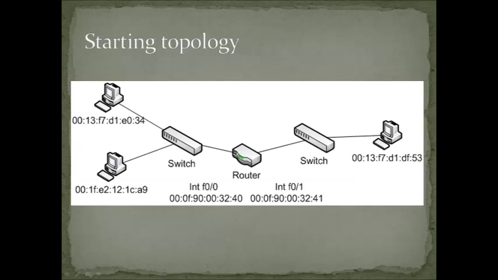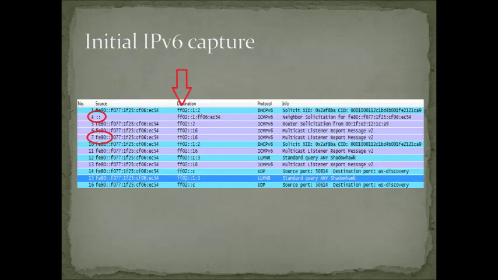But if you've got no IPv6 enabled and then suddenly you turn it on, there's all of this traffic generated as a result. We'll talk about what happens here in a second. When we take a look at our stripped topology, we have the exact same topology that we had before, but this time there's no addressing. Then we turn on IPv6, and whoa, look at all this traffic that's generated.